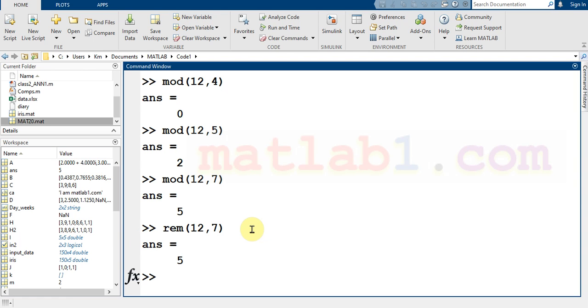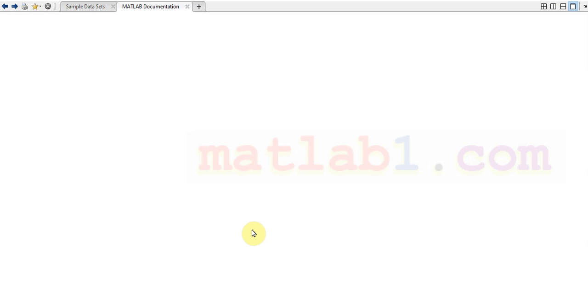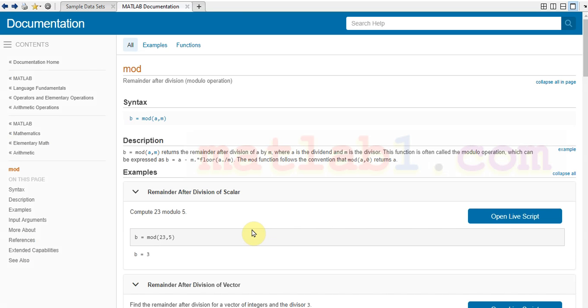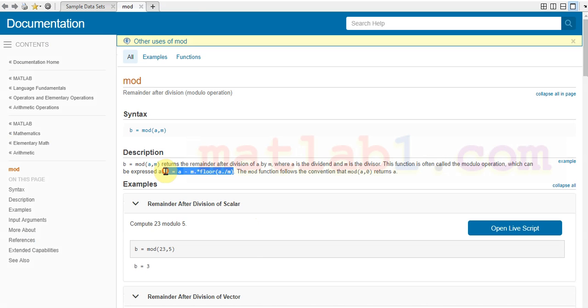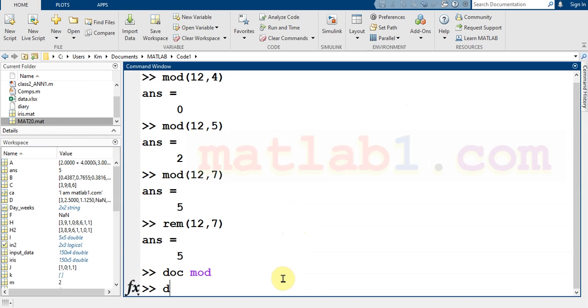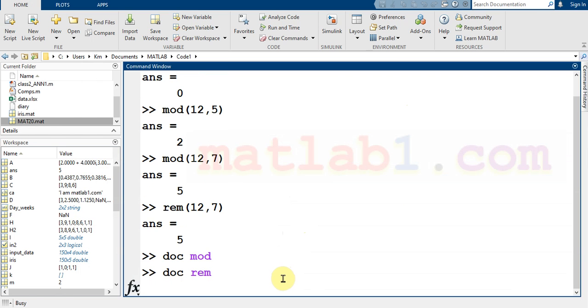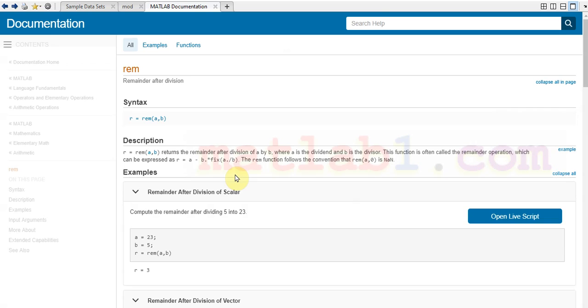But what's the difference between mod and rem? Mod uses this formula for calculation. It uses the floor. But rem uses fix for calculation.